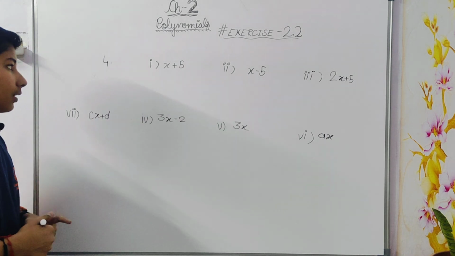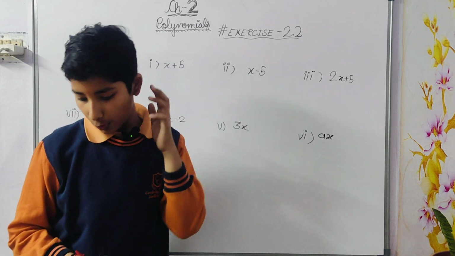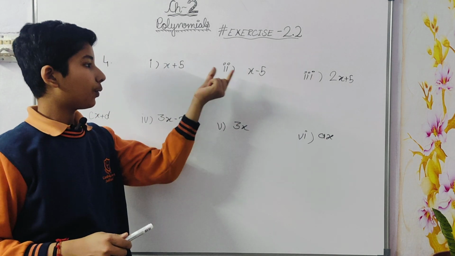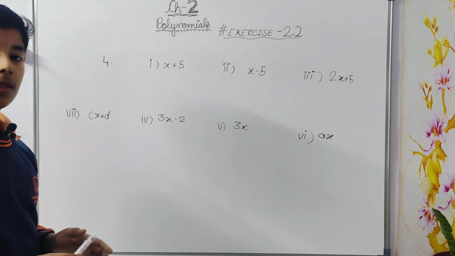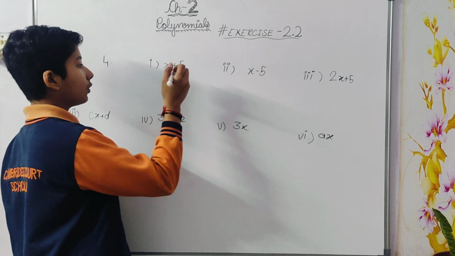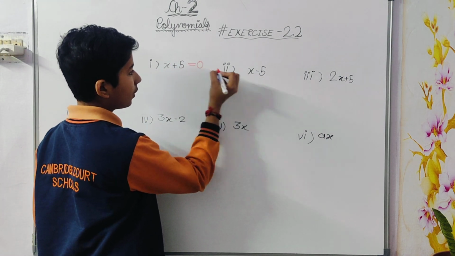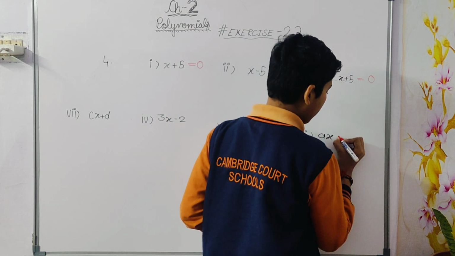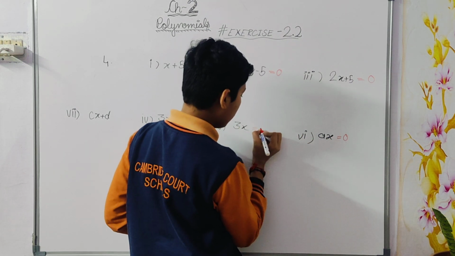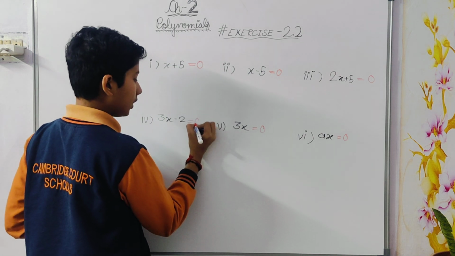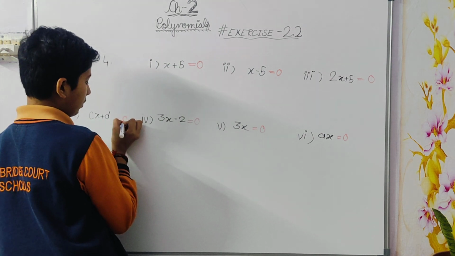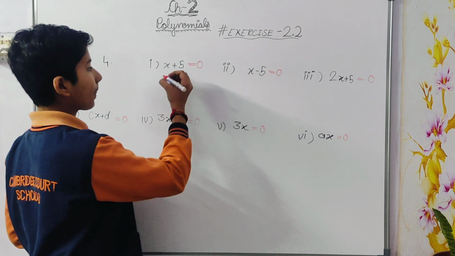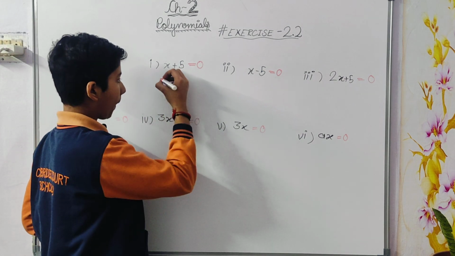So let's just start. You have to find the zero polynomial of all these equations. So to find the zero polynomial, just put each equal to 0. Now x plus 5 equals to 0.